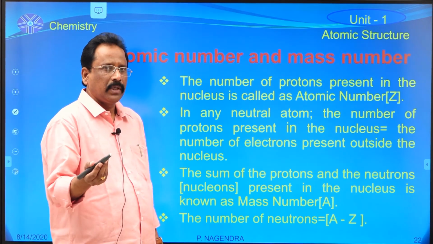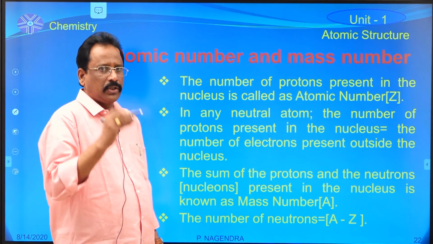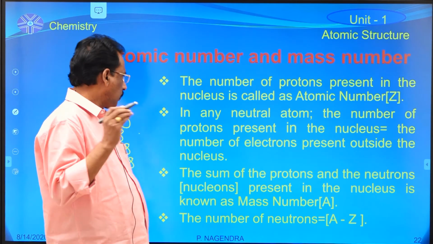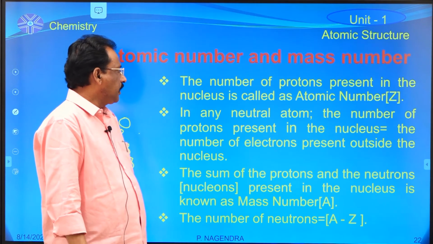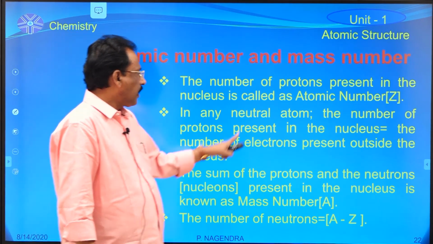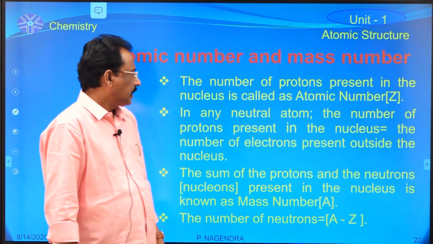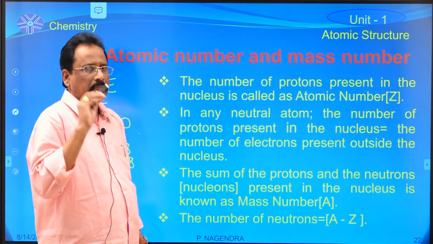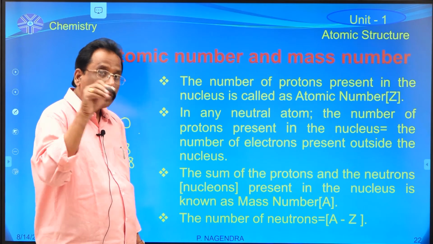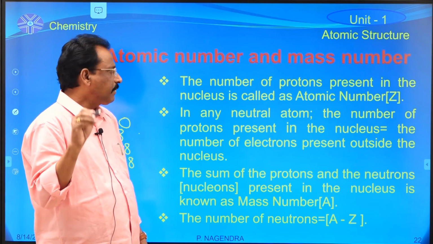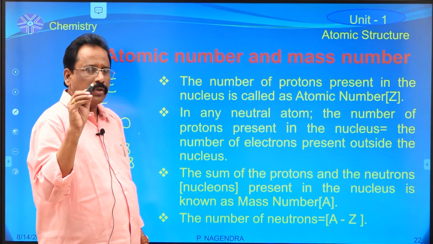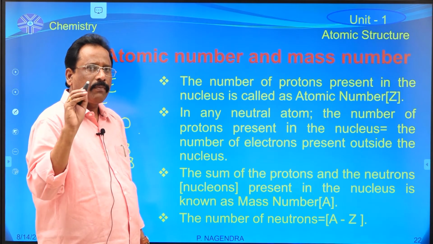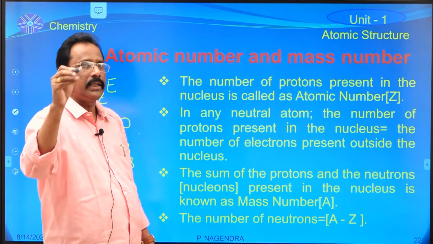For any atom, charge is 0. So according to Moseley, the atomic number Z is equal to the number of protons present in the nucleus. If it is a neutral atom, the same atomic number Z is also equal to the number of electrons present outside the nucleus.